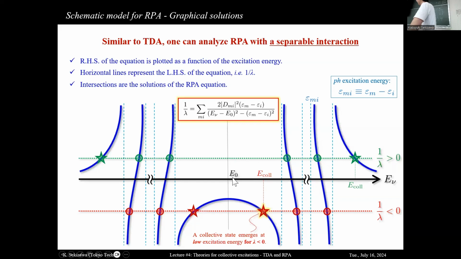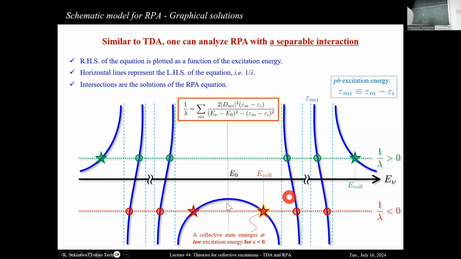Here I draw E0, the ground state energy. We should focus on these positive energy states, I mean E nu larger than E0. These are excitation modes, similar to the Tamm-Dancoff case.